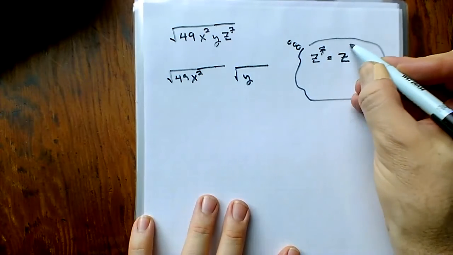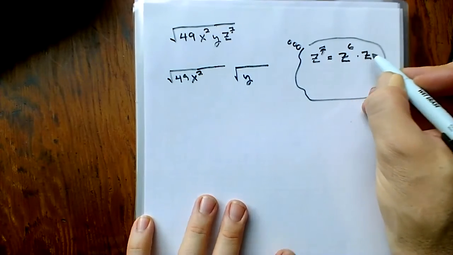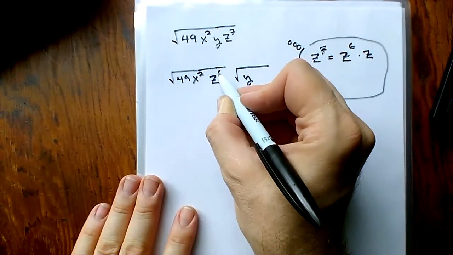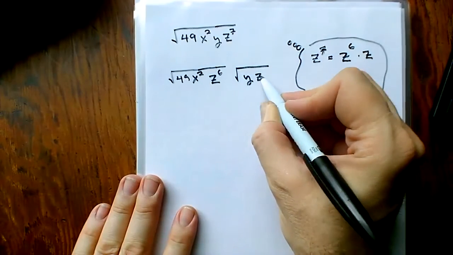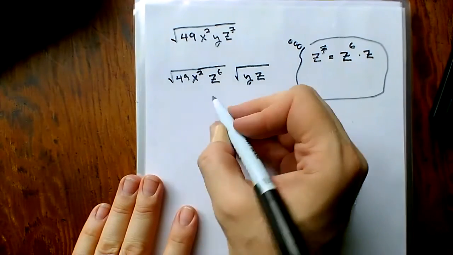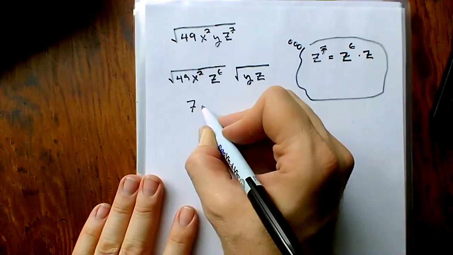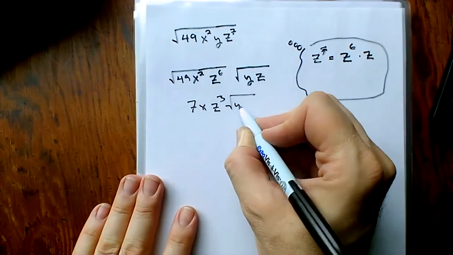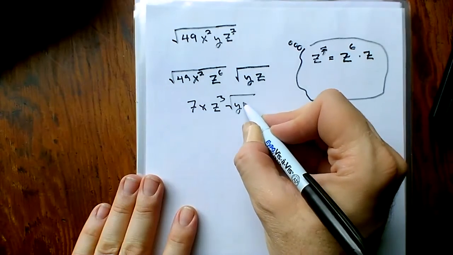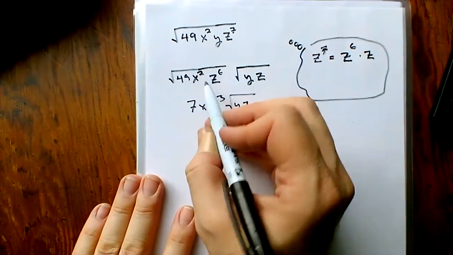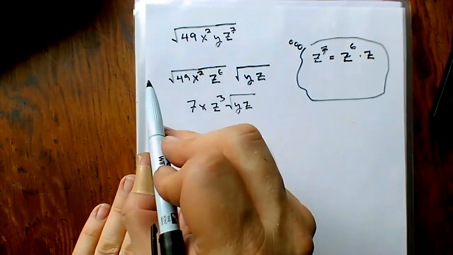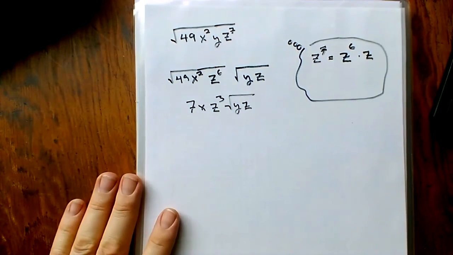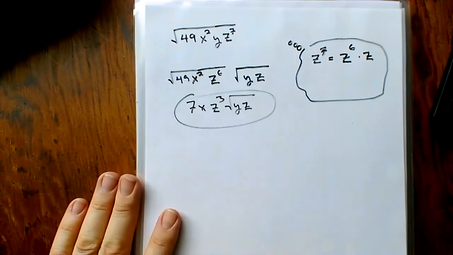So I'll have z to the 6th times z, which means that under this first radical, I'll have z to the 6th. Under the second one, I'll just have that z. So now that'll be 7x z cubed, and this is still times the square root of yz. Once I've evaluated that square root, that radical goes away. We don't write that radical anymore. But yeah, we're done right there.